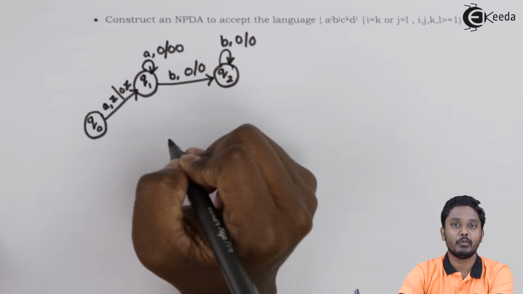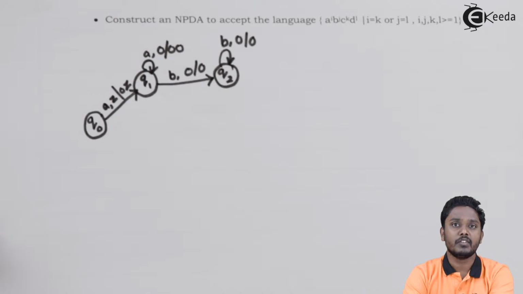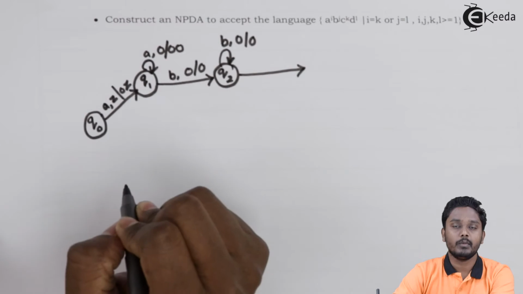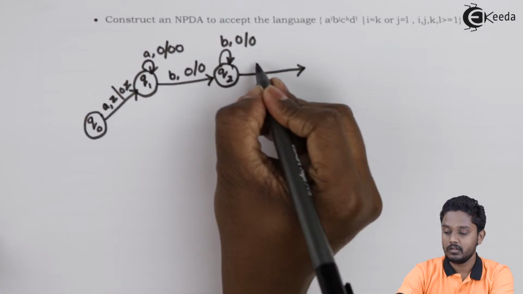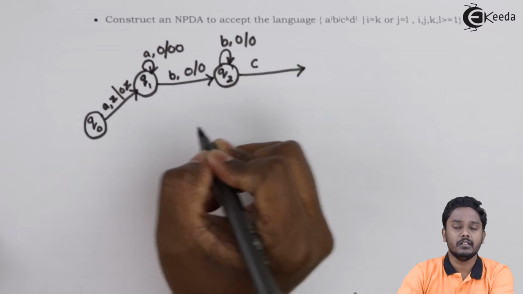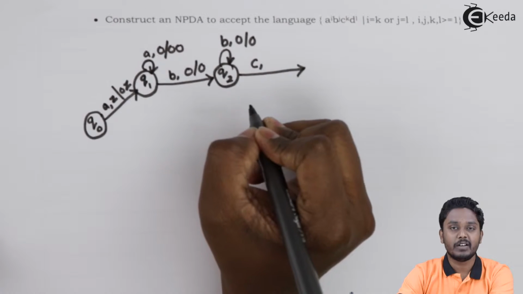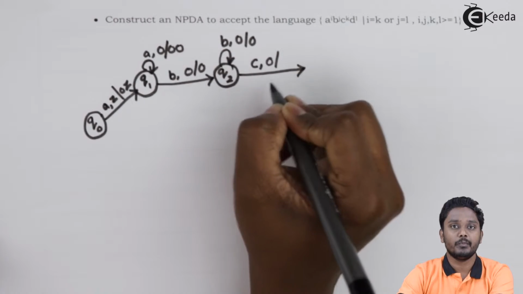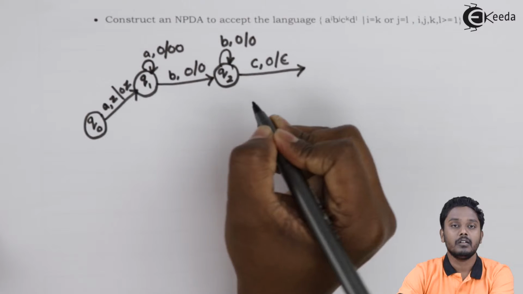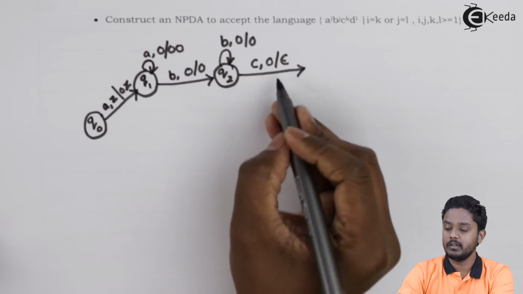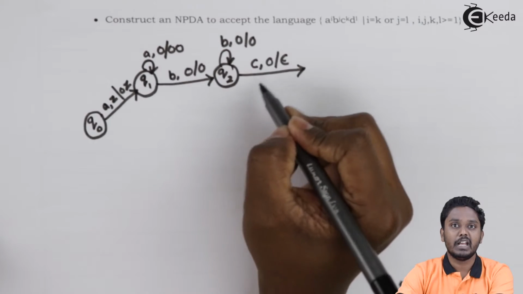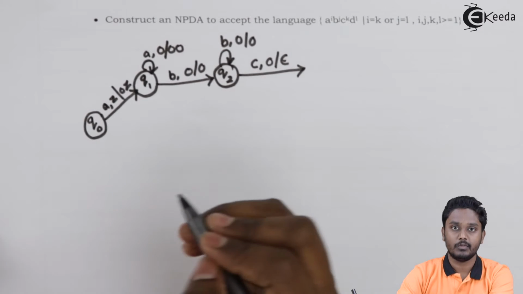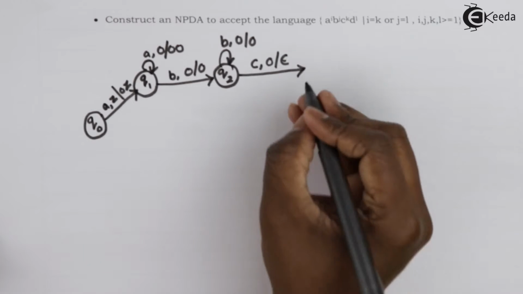That means we just have to ignore the B. Now we will start encountering C. So we will have a transition on C with 0 as the top of the stack, pop off the 0. What this will do is take out 0 one by one with every encounter of C. For that, we need to put a loop.